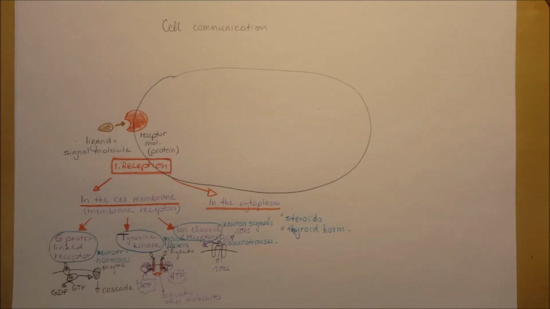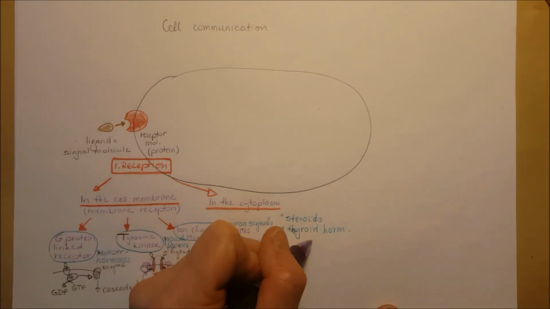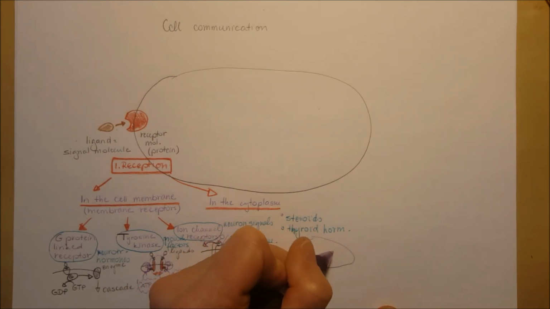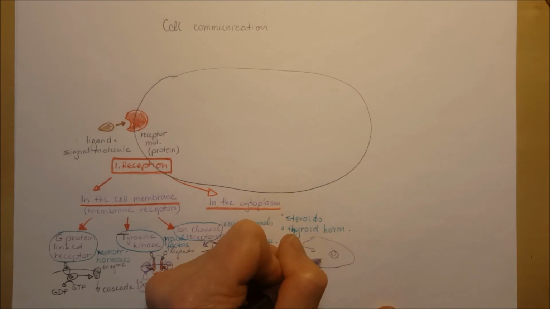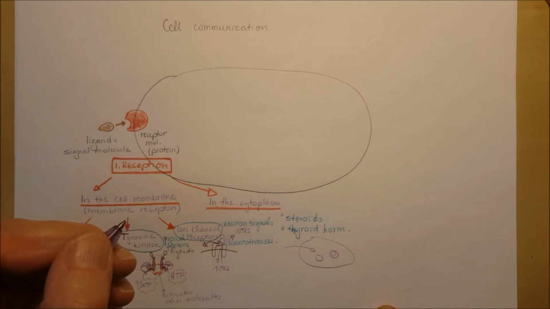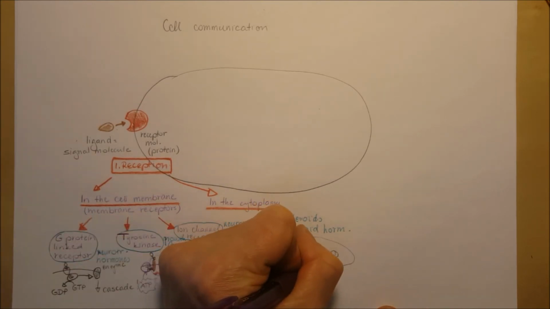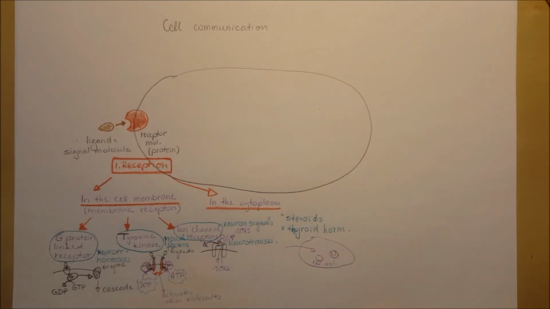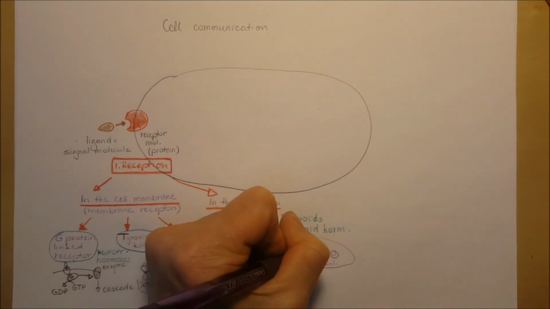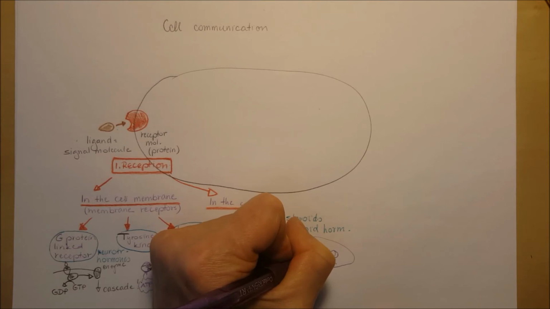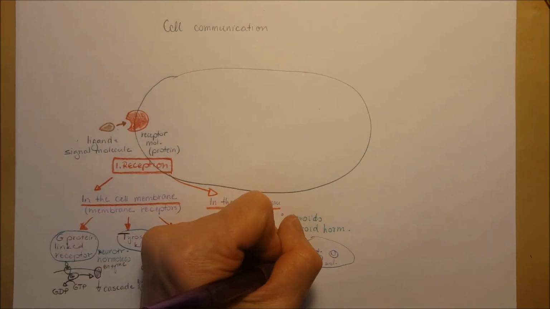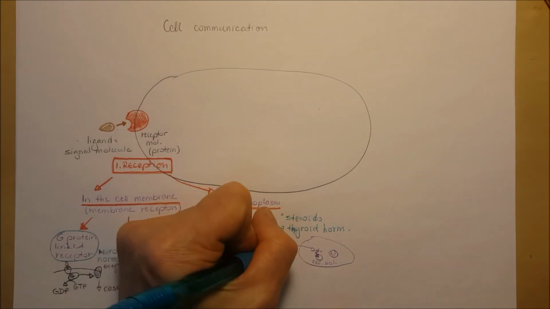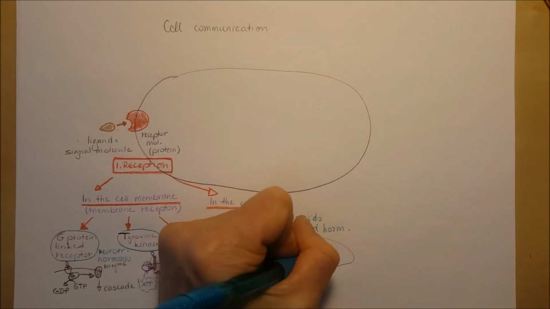Now, what is going to happen at this point? Here is the cell and the nucleus. This is the nucleus, and we have an intracellular receptor molecule. The steroid is going to pass the membrane, go and bind with the intracellular receptor molecule, forming a hormone-receptor complex.